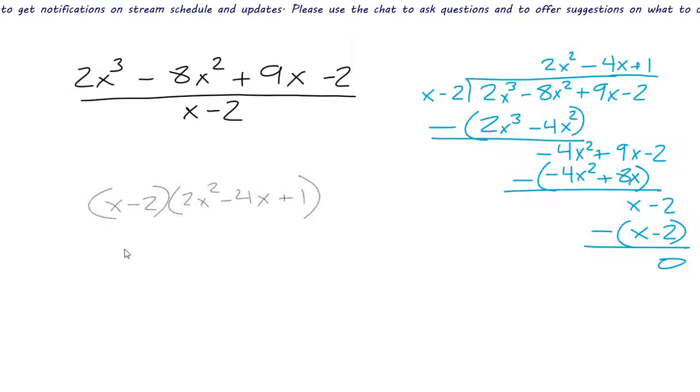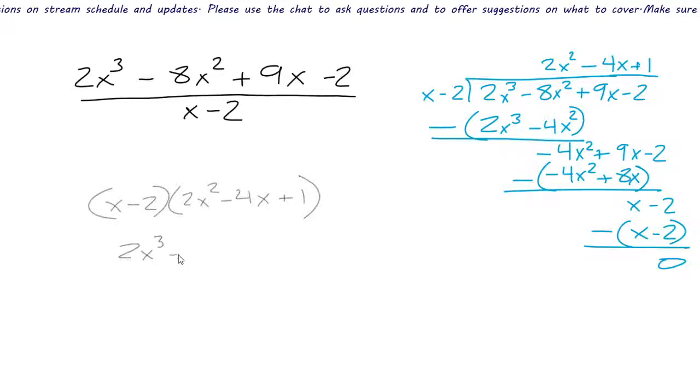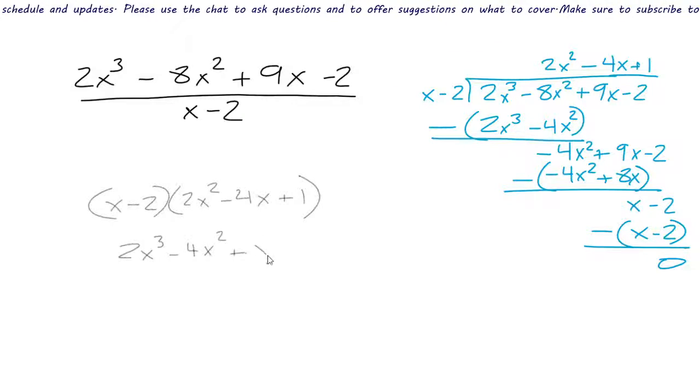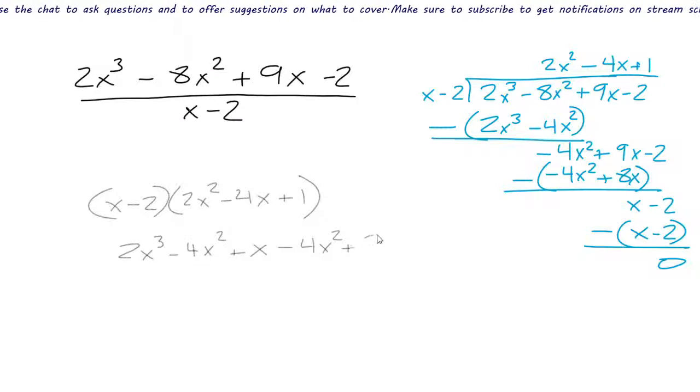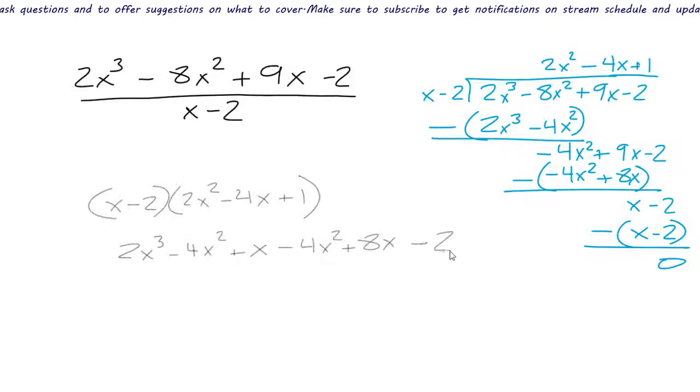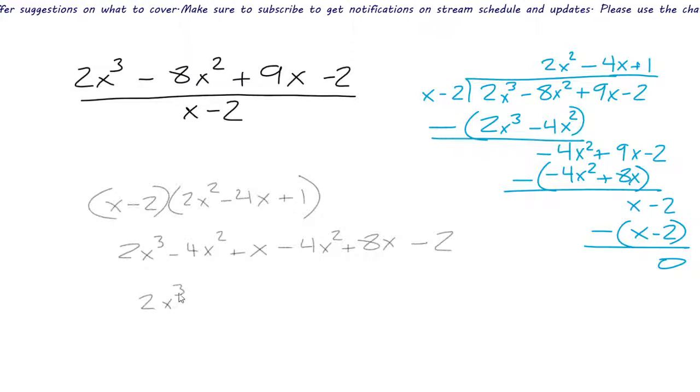X times 2x squared, 2x cubed, x times negative 4x, negative 4x squared, x times 1, positive x, negative 2 times 2x squared, negative 4x squared, negative 2 times negative 4x, positive 8x, and negative 2 times 1, negative 2. Simplify, so we only have 1 of the third degree, that's 2x cubed.